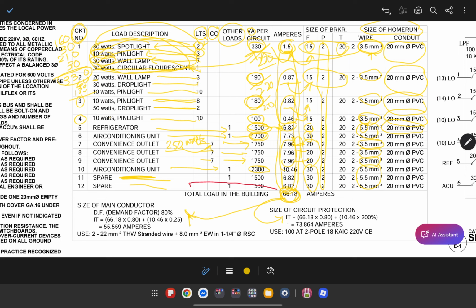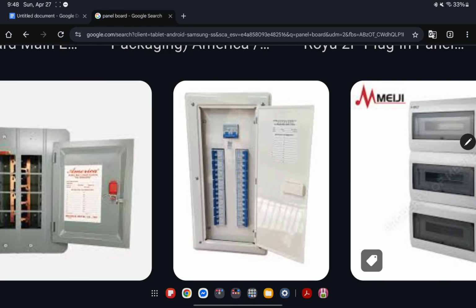And also the main circuit breaker. I'll show you what the main circuit breaker looks like. This is an example of a panel board. Again, going back, each circuit will have its own circuit breaker. This one, if you turn it off, or if there is an overload, this one will trip.